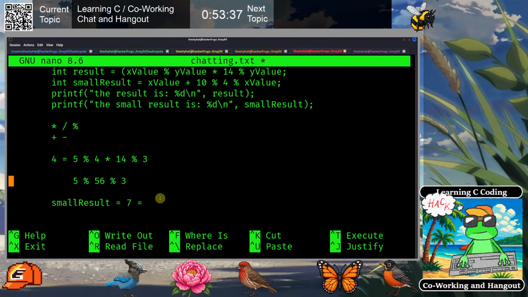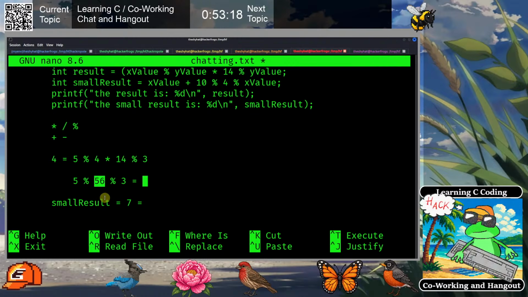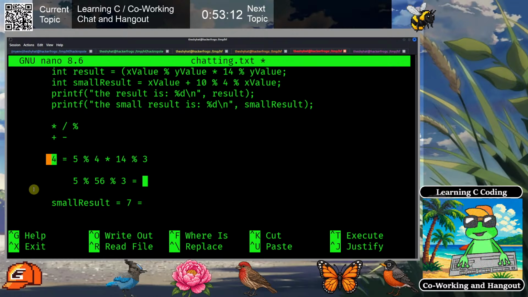And if that's the case, this would be 5 modulo 56. So 5 divided by 56. 5 divided by 56 is... But this would never... Moduloing anything by 3 will never result in the number 4. So this can't be the answer.